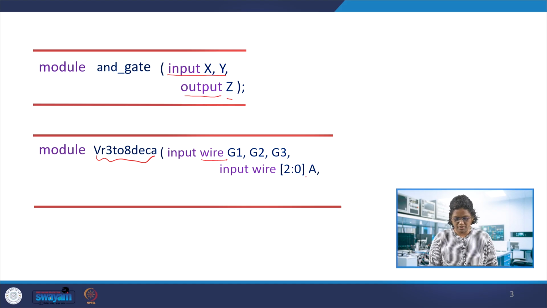So we can specify this A is 3-bit input wire, and y 0 to 7, that is 8 bits output register. So we can combine these declarations in the port name itself. So instead of having the declaration part in separate lines, you can have it in this fashion as well.